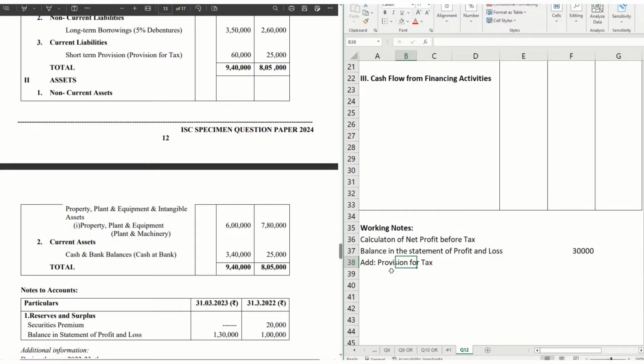All right, now as you know the rule, the previous year's provision becomes current year's tax paid, and we add the current year's provision here. So for better understanding, let's write in the bracket current year. Okay, so we will add that, which is 60,000, and we don't have anything else. We don't have any interim dividend or any tax refund, so this becomes our net profit before tax.